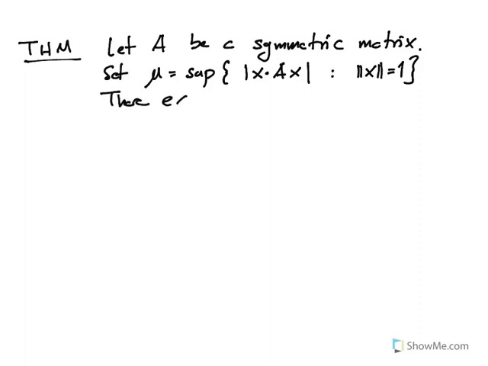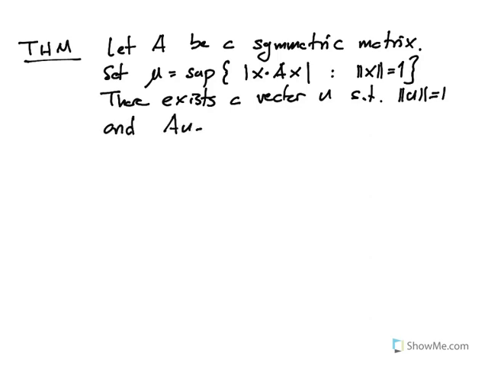There exists a vector u that has length 1, and this vector u is an eigenvector of A, with eigenvalue lambda, where lambda here is either mu or minus mu.